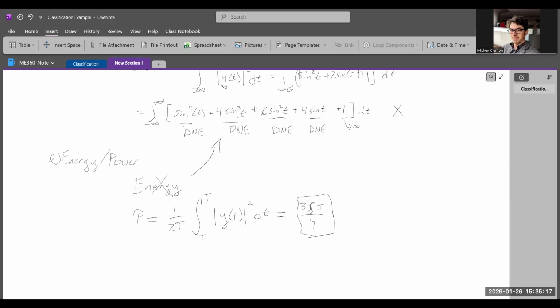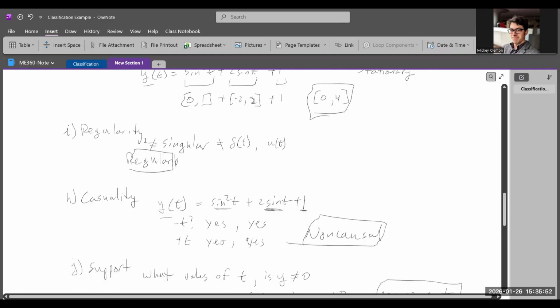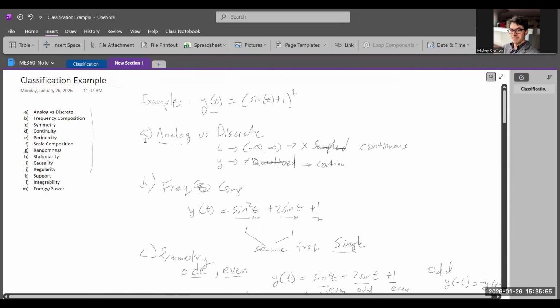So this is our power here. This is a power signal, right? This is a finite value. So we have a finite value here, and that makes it a power signal. We have infinite energy, because here we got that infinite energy there. And I think that concludes all of the classification categories we were looking at. Yep, that is all of our categorizations.